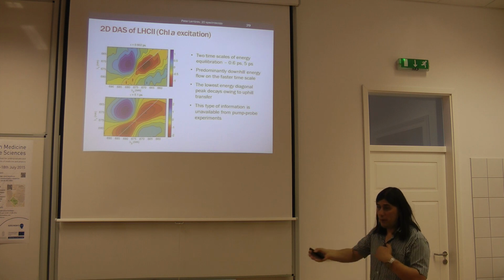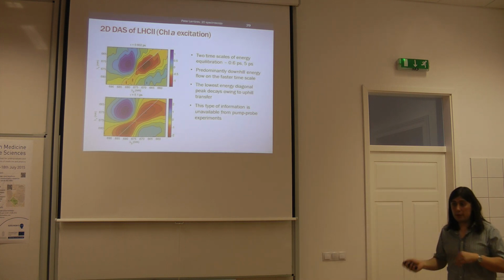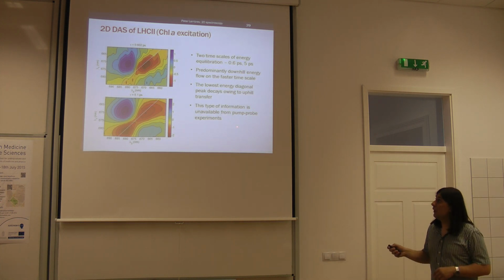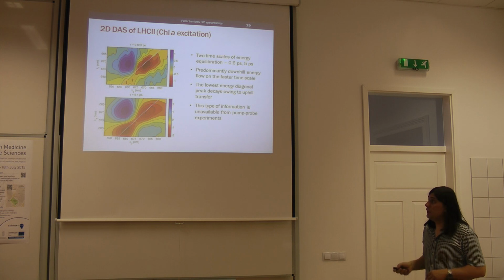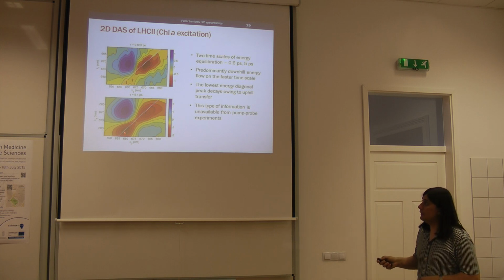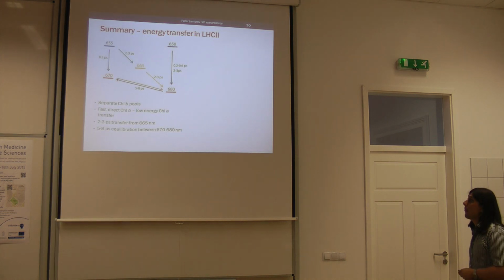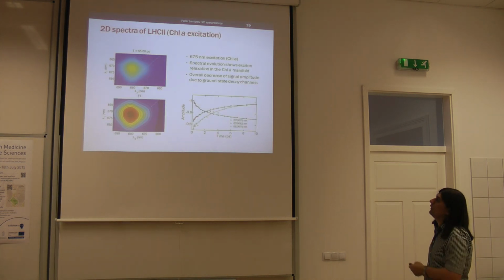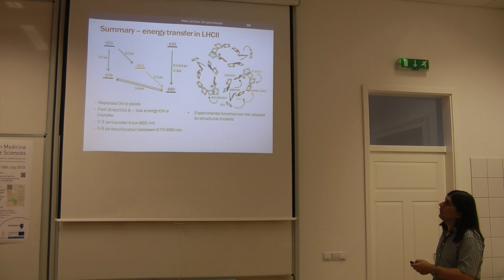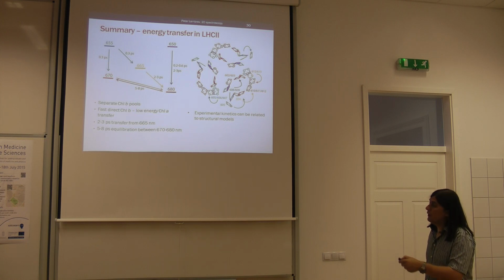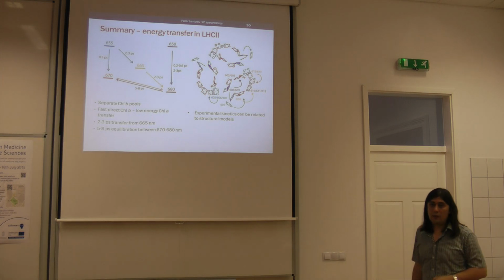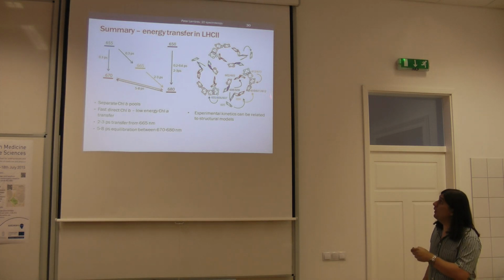So we can see both the forward and the reverse reactions in the 2D spectrum, which you would never see in a one-dimensional spectrum, because you don't have this frequency dimension. So then, when you put all this together, you can fit the lifetimes, and you can get the reaction scheme in your network of pigments.